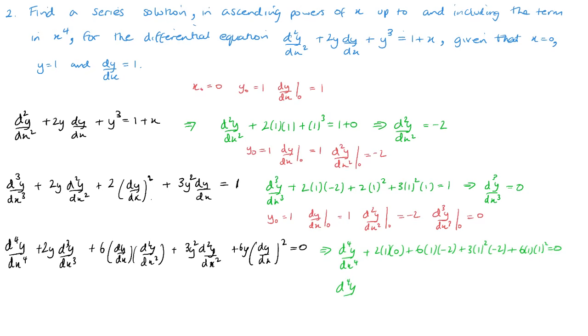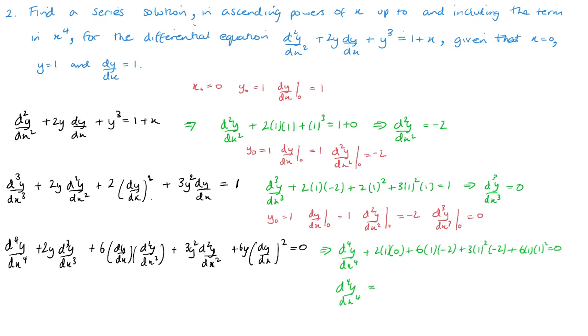So d4y by dx to the power 4: this is 0, this is minus 12, and 3 times minus 2 is minus 6.